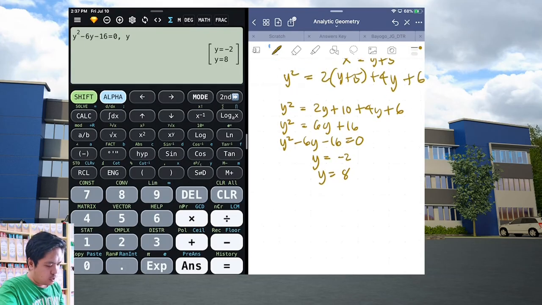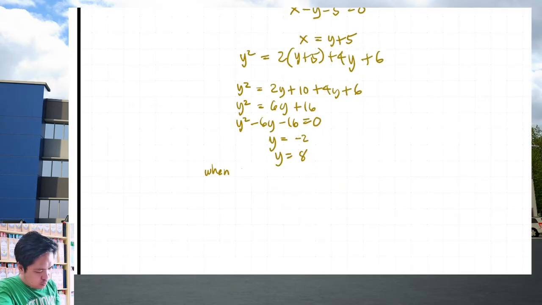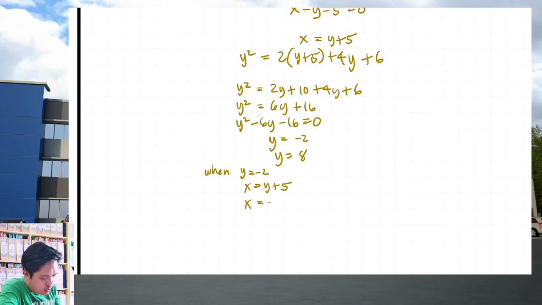Okay, then solving for x, if y is equal to negative 2, since x is equal to y plus 5, x is equal to negative 2 plus 5, so x is equal to 3. Therefore, the point of intersection is at (3, -2).